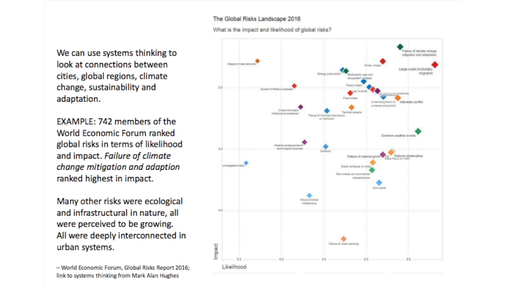We can use systems thinking to look at all the connections between cities, regions, and in this case, you can see that failure of climate change mitigation and adaptation ranks as the very highest impact in the belief of world leaders that are part of the Economic Forum.